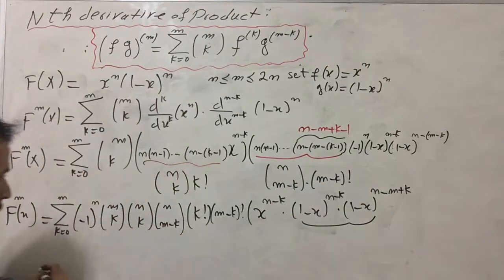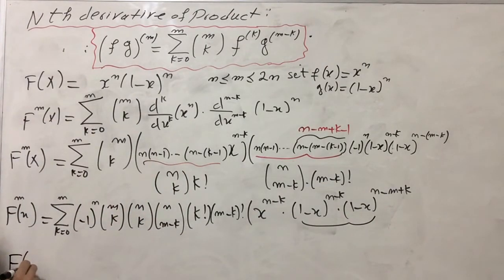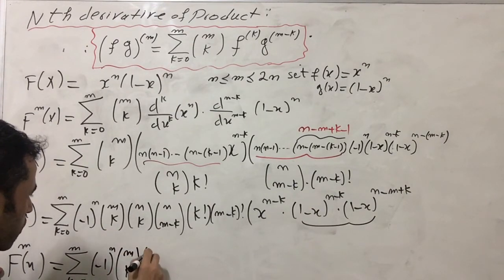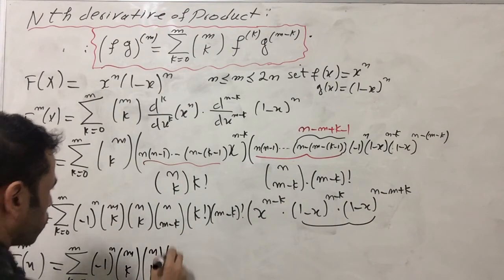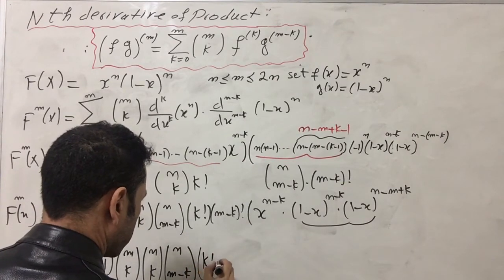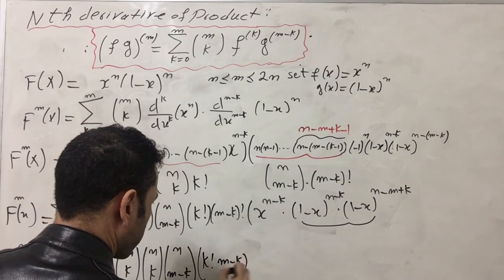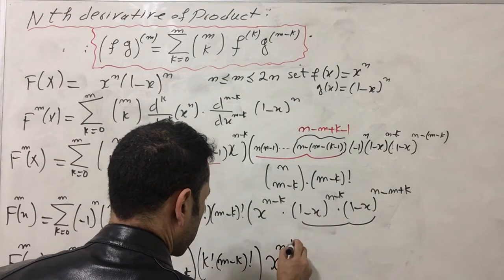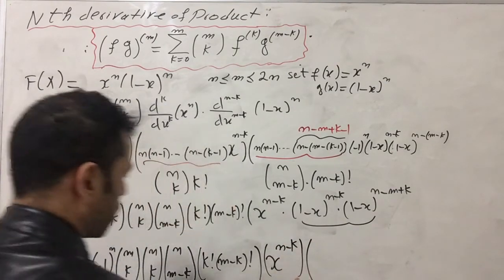Simplifying this more, the m-th order derivative of f of x gives us this sum, as k goes from 0 to m, minus 1 to the n, multiplied by m choose k, multiplied by n choose k, multiplied by n choose m minus k, multiplied by k factorial, multiplied by m minus k factorial, multiplied by x to the n minus k, multiplied by this function.